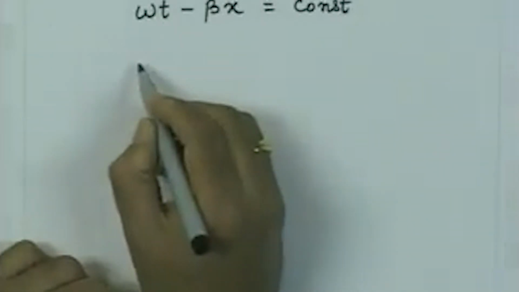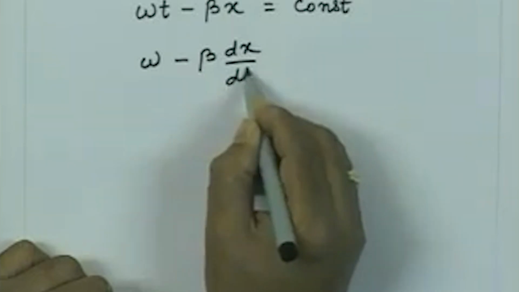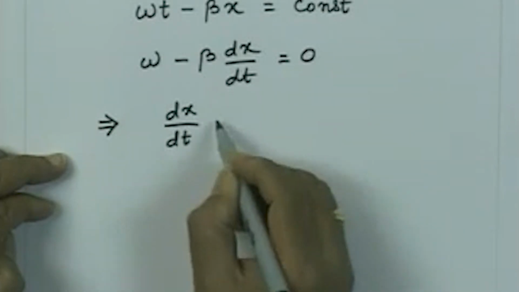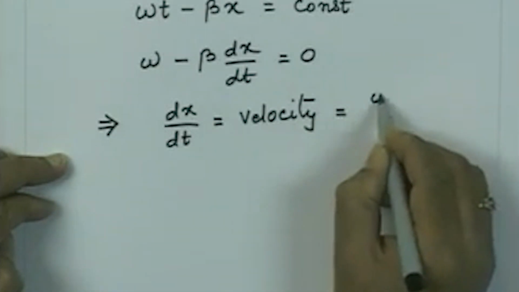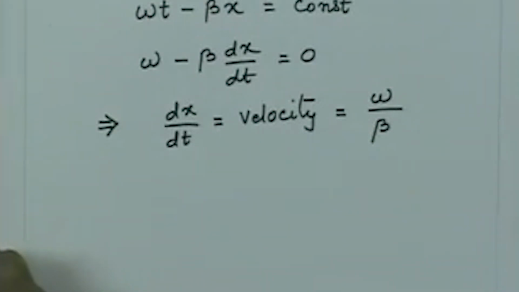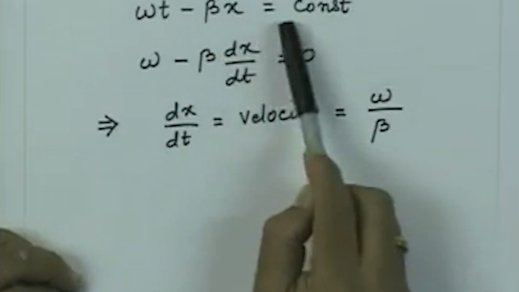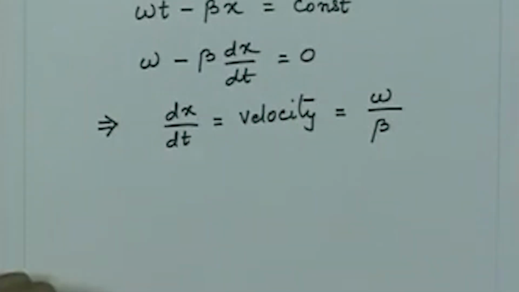Then from here, if I take a derivative of this with respect to time, I will get omega minus beta dx by dt, that is equal to 0, which will give me this quantity dx by dt, which is nothing but velocity, that is equal to omega by beta. Now since this velocity we have calculated from the stationarity of the phase, we call this velocity as the phase velocity of the wave. That means the constant phase point of the wave is moving with this velocity.